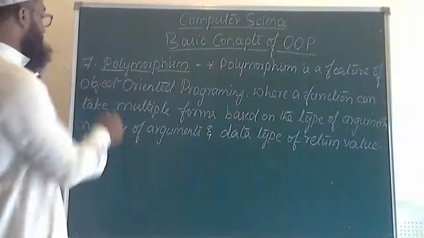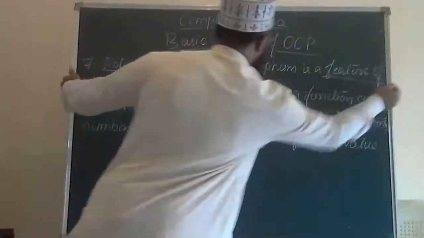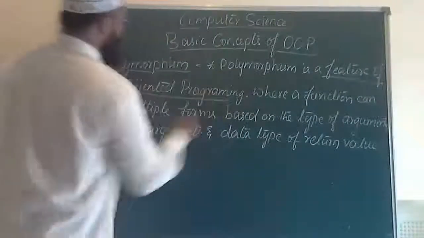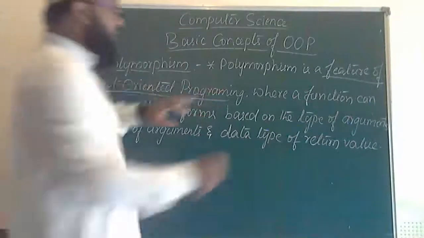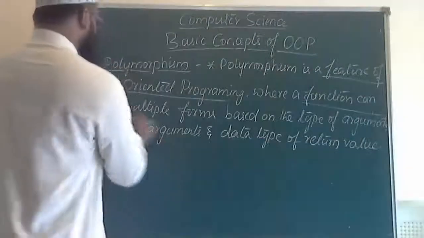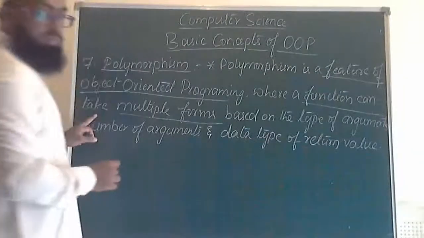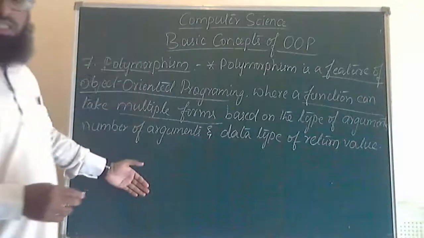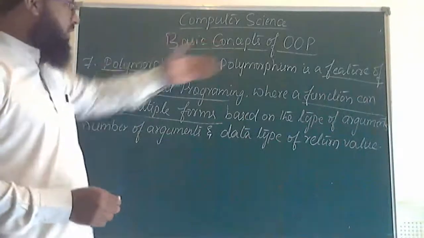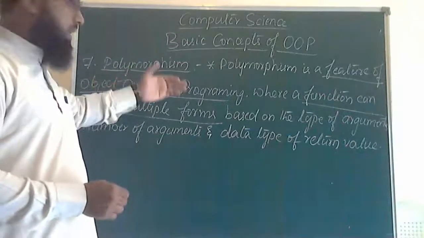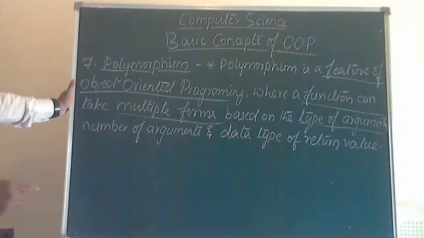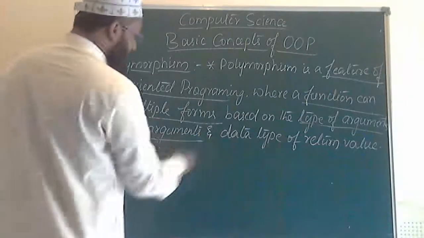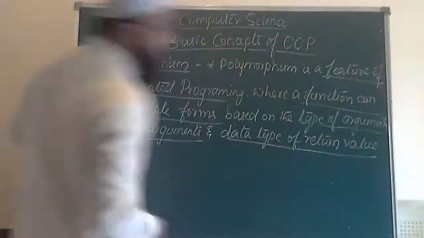Polymorphism can be called a feature of OOP. In polymorphism, a function can take multiple forms. I will explain later, then you will come to know what it actually means for a function to take multiple forms based on the type of arguments, the number of arguments, and also the data type of the return value.